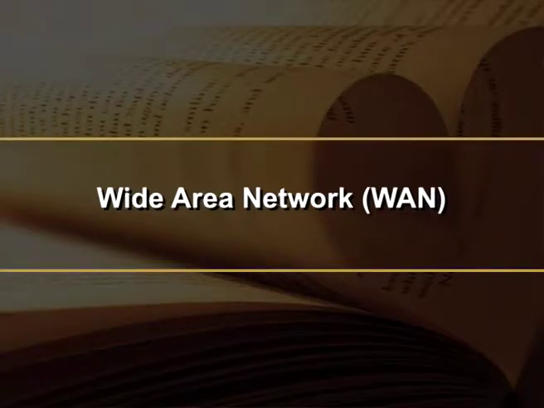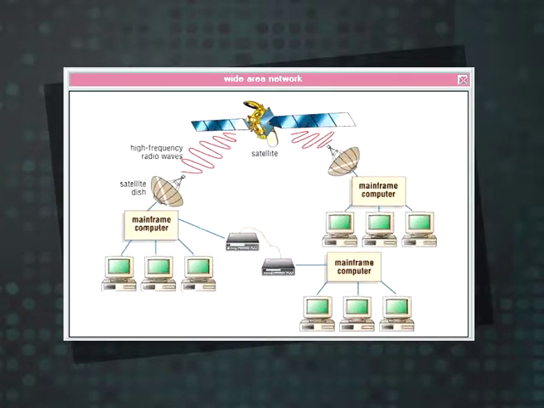Wide Area Network, WAN. A wide area network spans a large geographic area such as a state, province or country, or even the whole world. WANs often connect multiple smaller networks such as local area networks or metropolitan area networks.